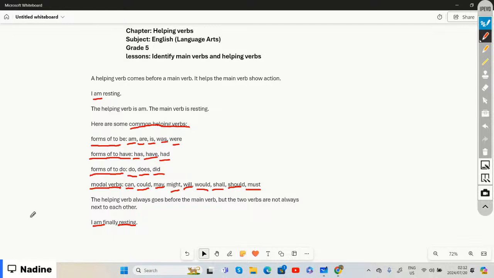So once again, we said a helping verb comes before the main verb.